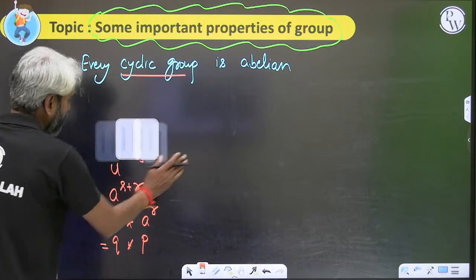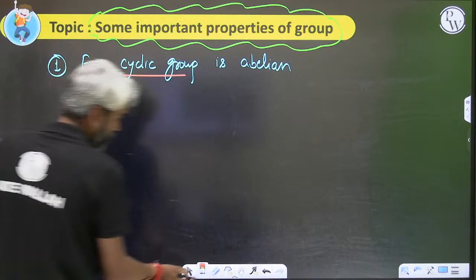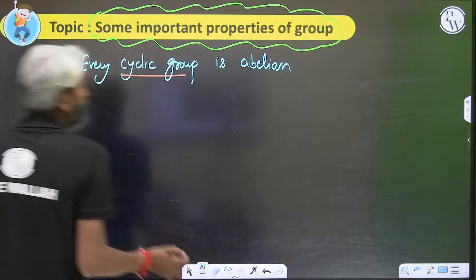I'm not going into too much detail, but that's fine. So every cyclic group is abelian.